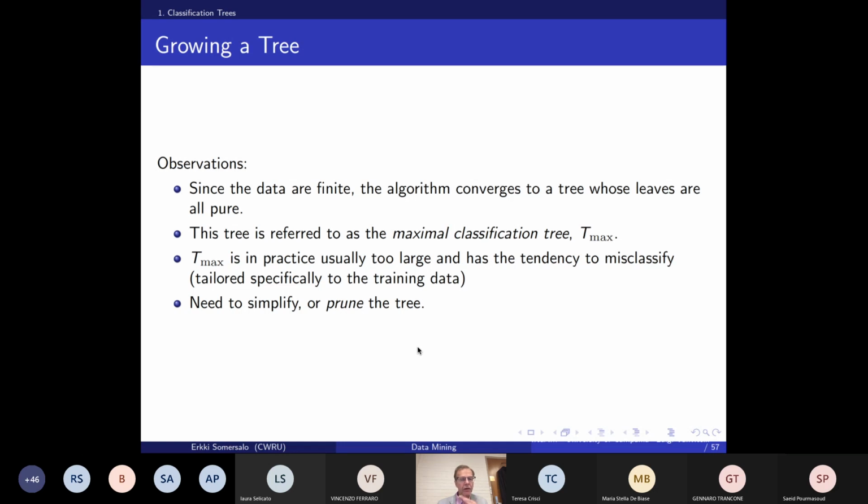There may be some errors in the attribute values. There may also be errors in the classification. And so this Tmax is tailored to specifically classify the training data. Suppose you have, let's say, 2 points which are very close to each other, and they are classified in 2 different classes. The tree algorithm is going to eventually separate those 2 points in 2 different leaves.